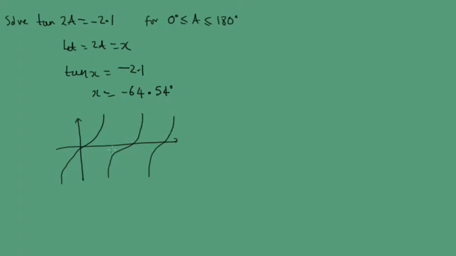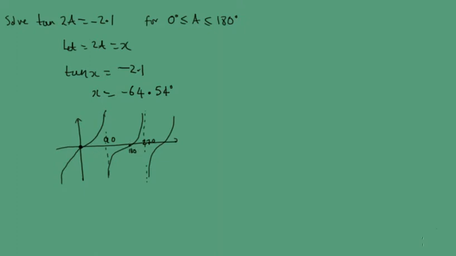Now tan is really important to remember where we get these points where it is undefined. So this is at 90 and 270. So we want from 0 to 180, which is here.